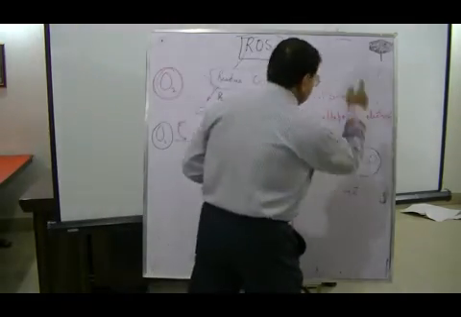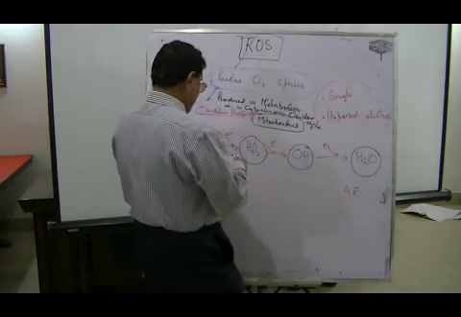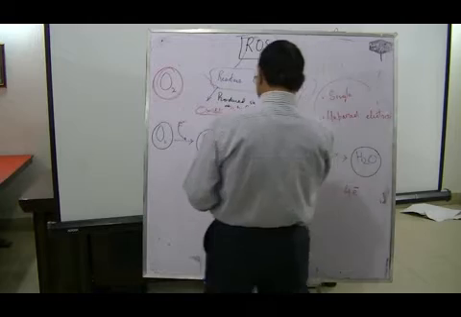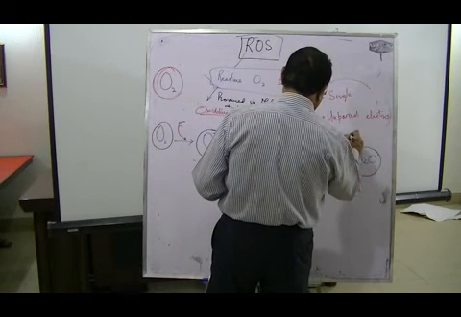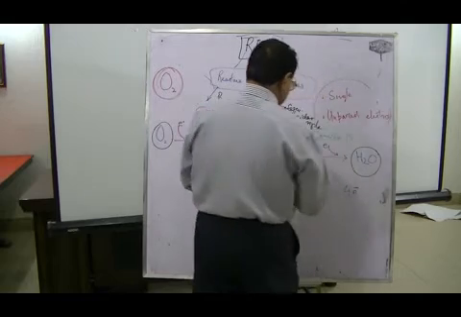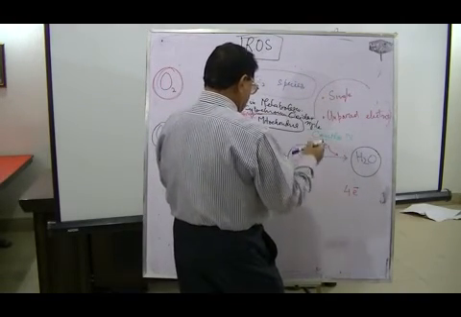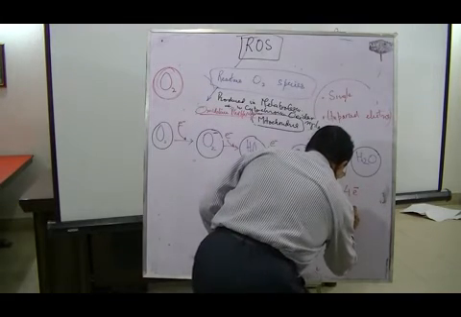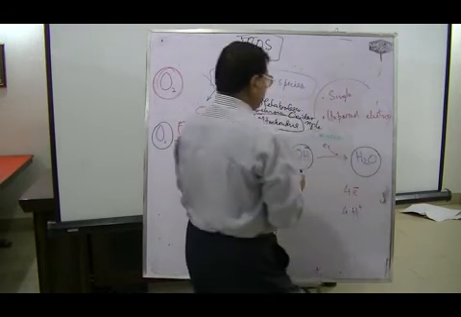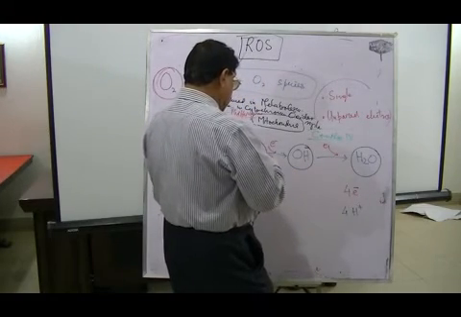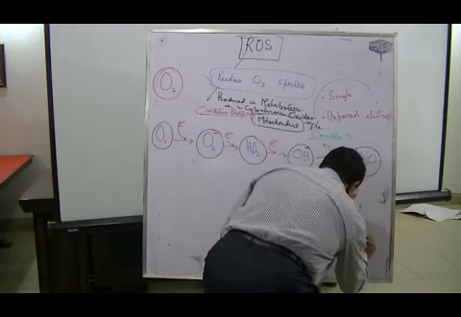So in the end over here, from complex 4, what happens in complex 4 of the cytochrome oxidase system? You've got 4 electrons plus 4 protons that come in plus a molecule of oxygen.